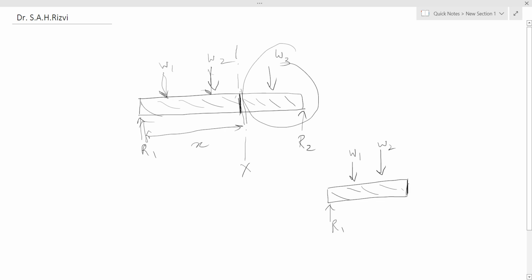So at this point some bending moment will be acting to balance the moment of these forces. So this bending moment acts at this point at the section. Now we will discuss the sign convention of shear force and bending moment.